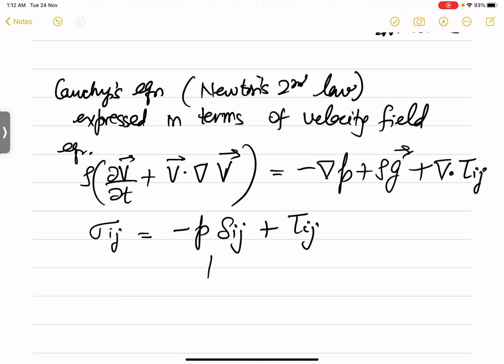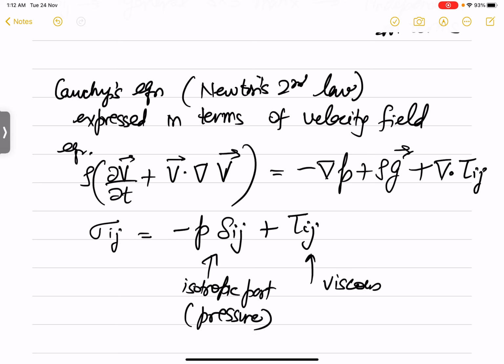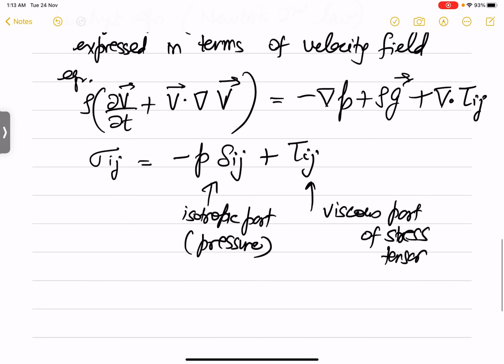And here this was the isotropic part of the stress tensor, which we called the pressure, and this was the viscous part of the stress tensor. Now, if we look at this governing equation, we have this term tau ij, which is the viscous stress.